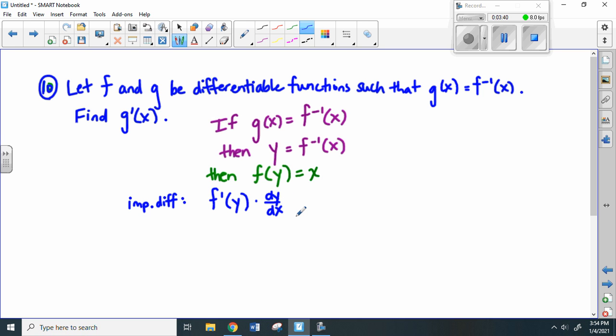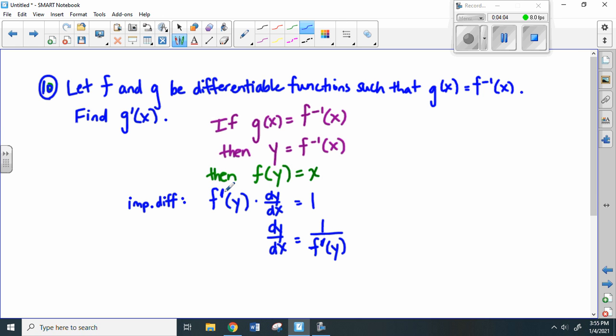That is the definition of the chain rule. On the other side, we get 1. And now we can actually solve for dy over dx just like we were doing in all of the other problems. That's supposed to be a prime, not a 1. Sorry, I'm getting a little sloppy there.